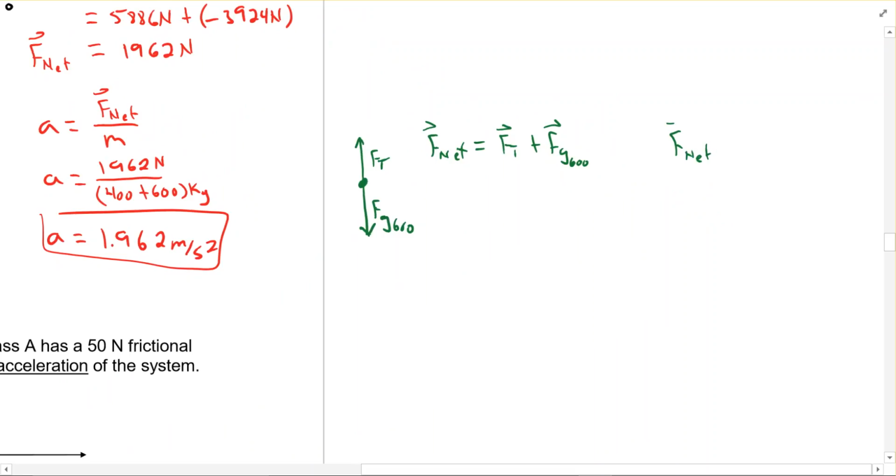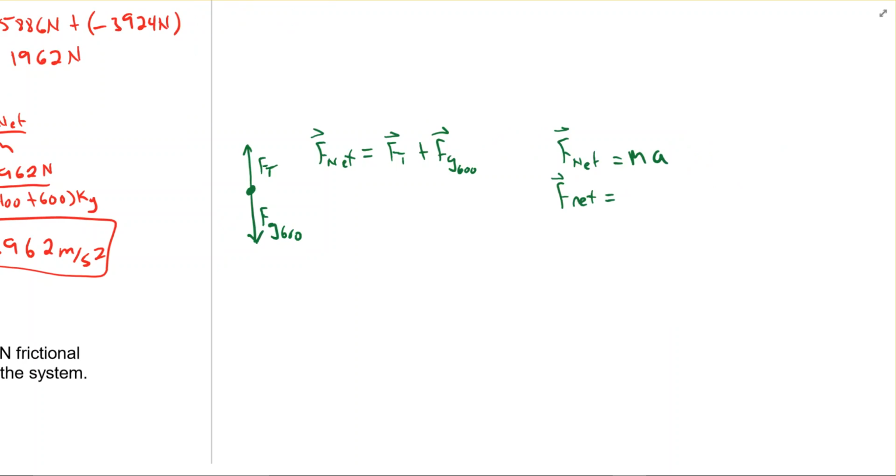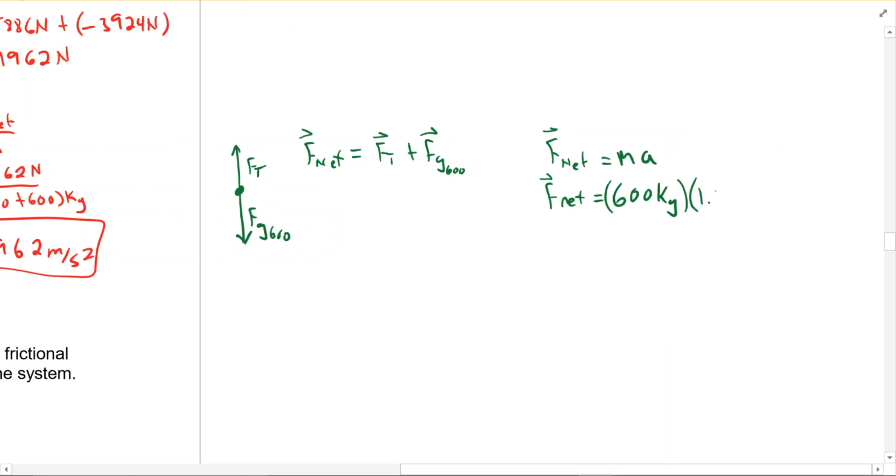F net is equal to mass times acceleration, and our mass is 600 kilograms times the acceleration that we just figured out, 1.962 meters per second squared. So F net's going to be 1,177.2 newtons.